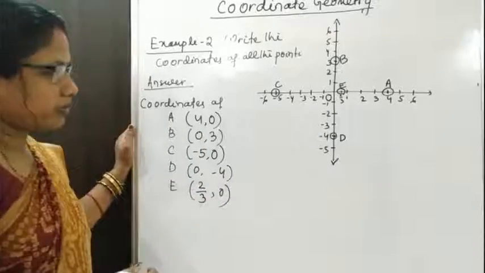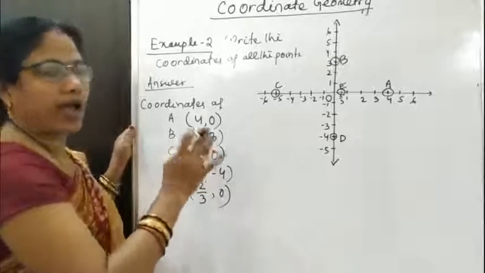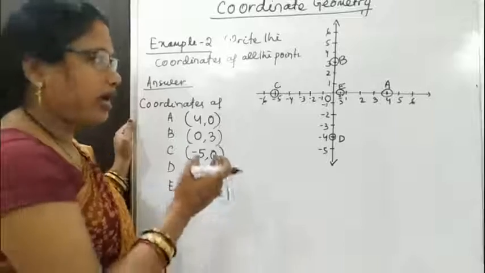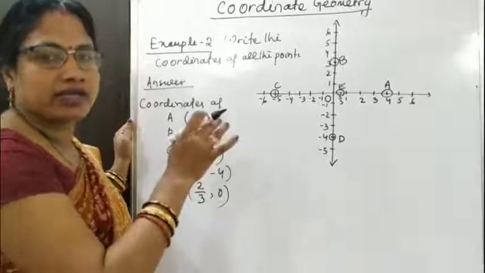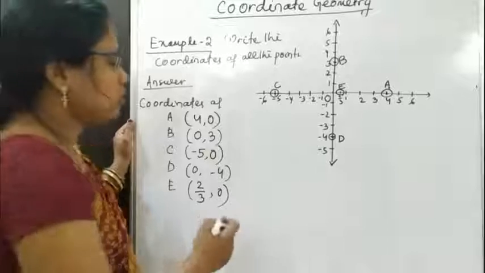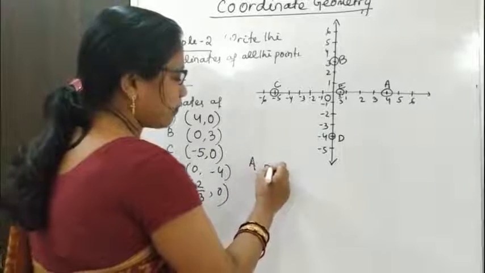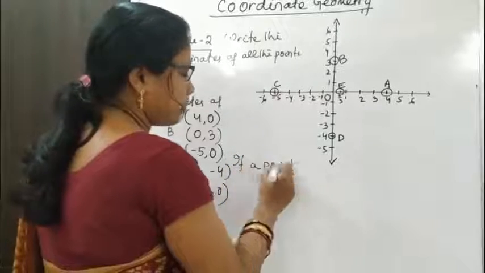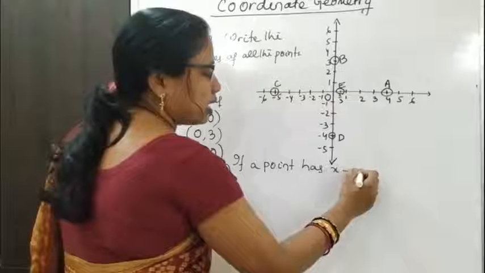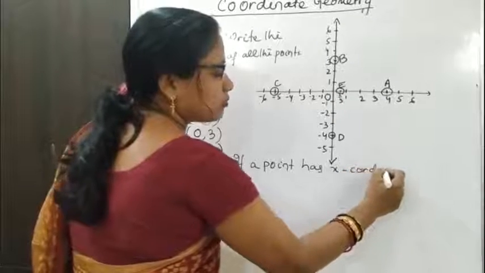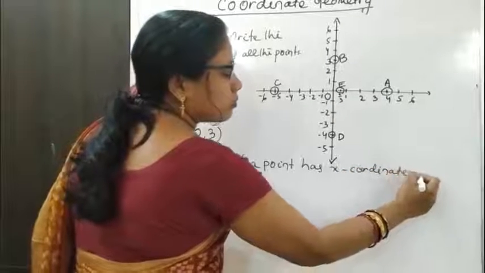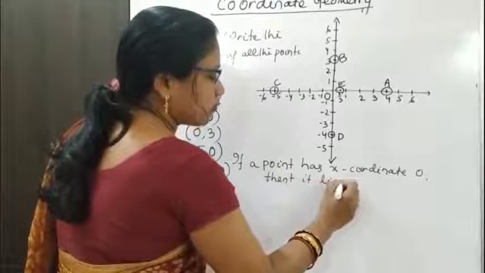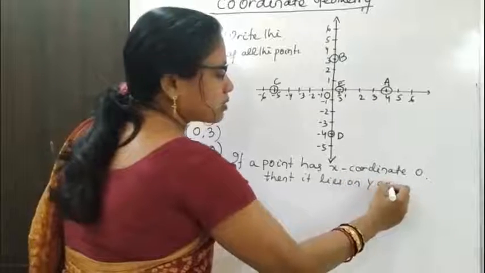So what we observe is this: where a point lies on the x axis, its y coordinate will be 0. And if a point lies on the y axis, then its x coordinate will be 0. So if a point has x coordinate 0, then it lies on the y axis.